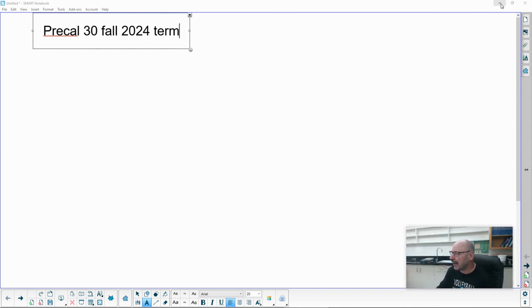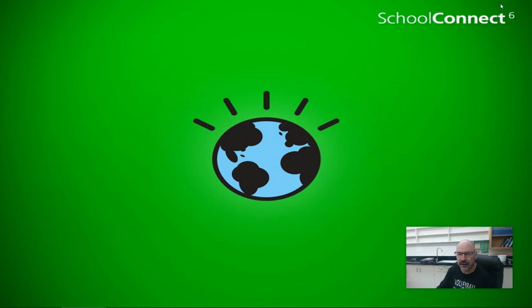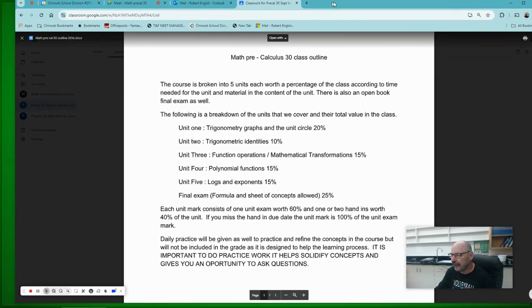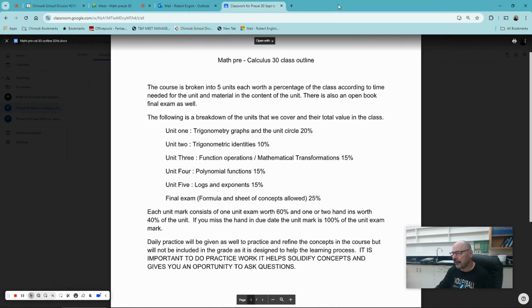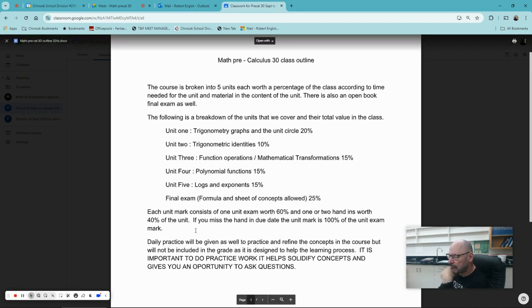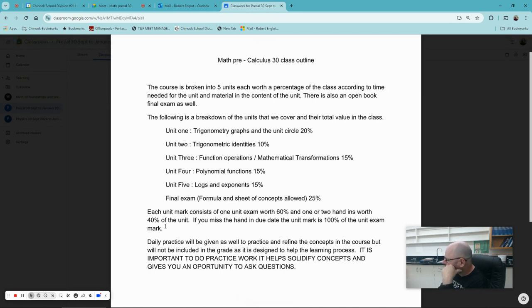So I'm going to shrink my notes down here, and I'm going to bring over this screen here with the outline on it. Okay, so this is our class outline here. Now you'll notice that I've got it 60-40 here, exams more than hand-ins, but I think I'm going to do, I got to turn that on for you guys.